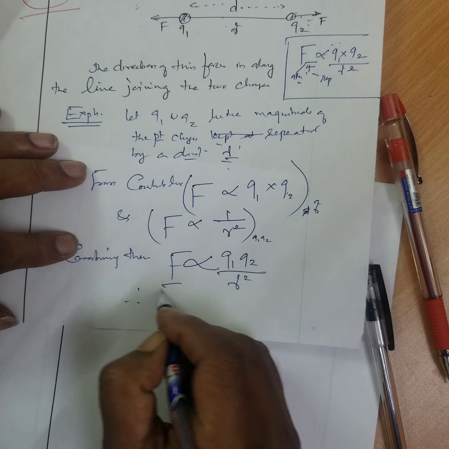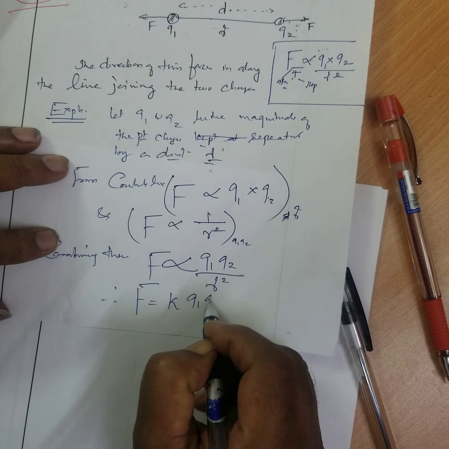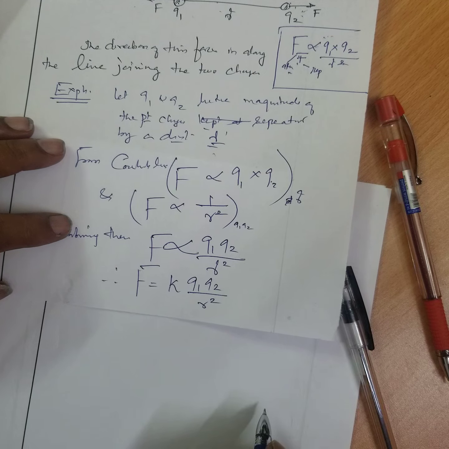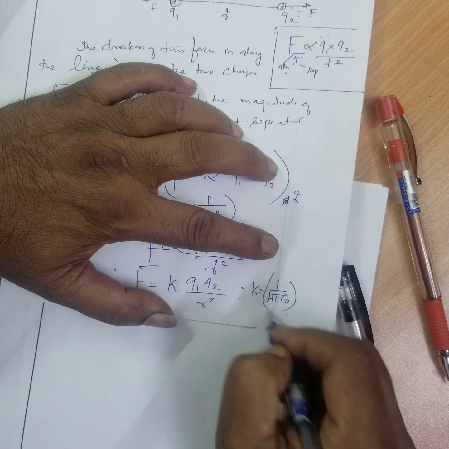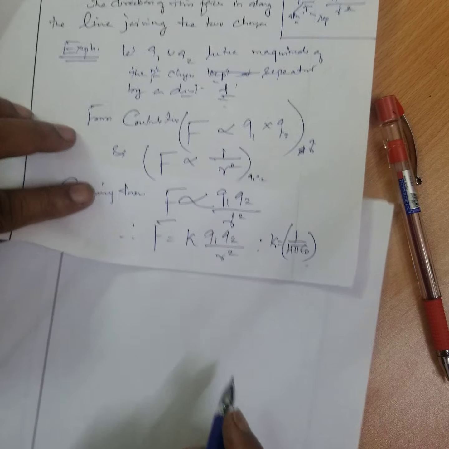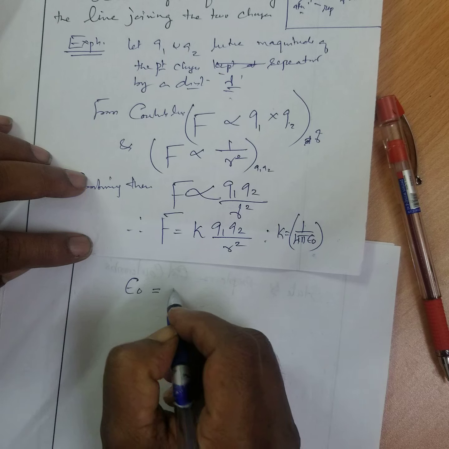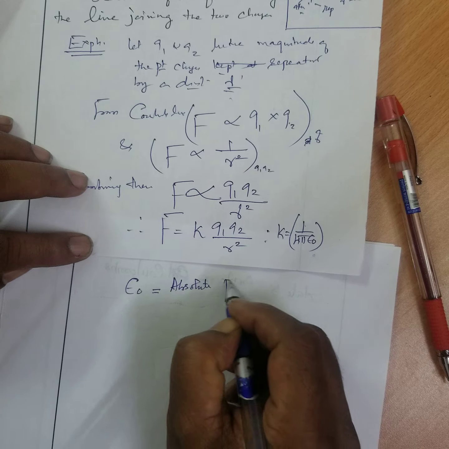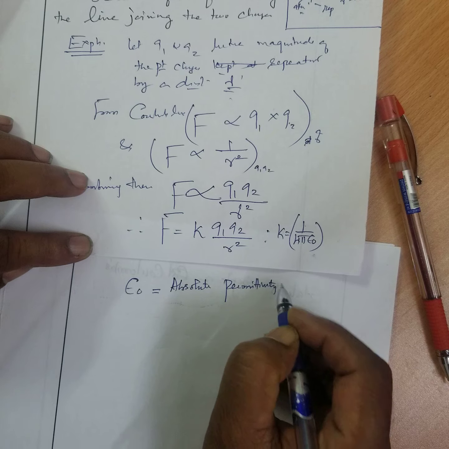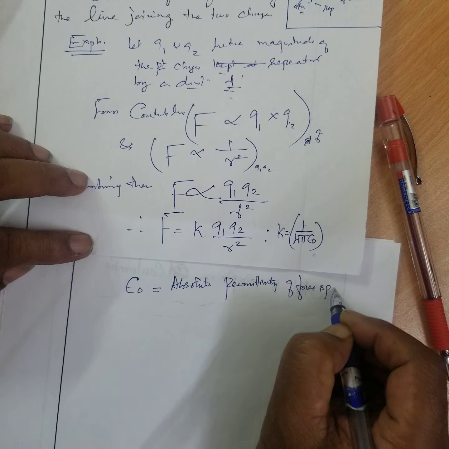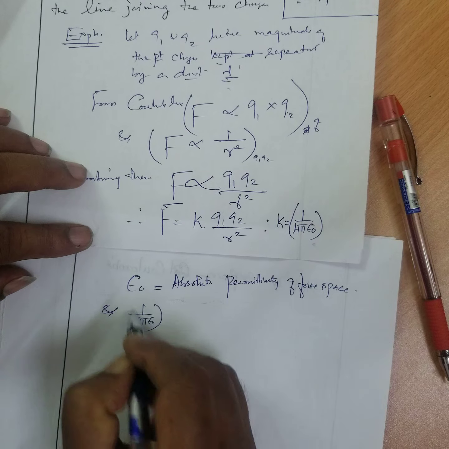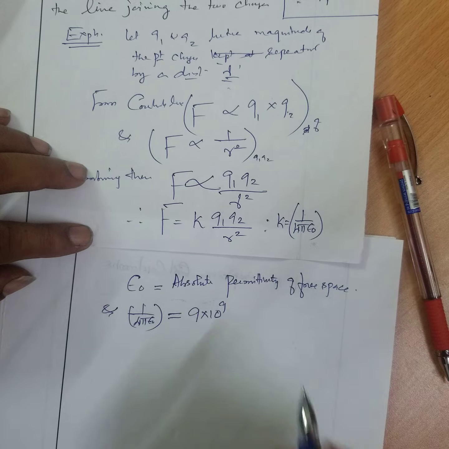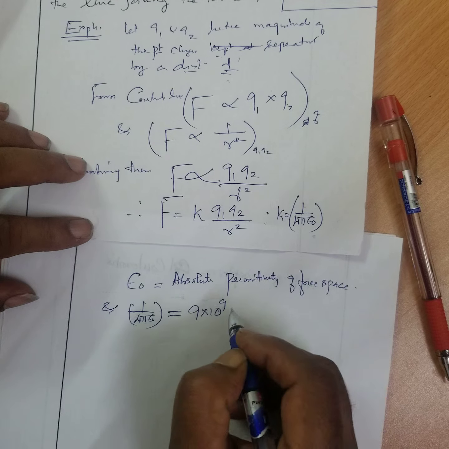Therefore, force equals some constant K times Q1 Q2 by r square, such that K is equal to 1 by 4 pi epsilon naught, where epsilon naught is the absolute permittivity of free space, and the value of 1 by 4 pi epsilon naught is 9 into 10 to the power of 9.